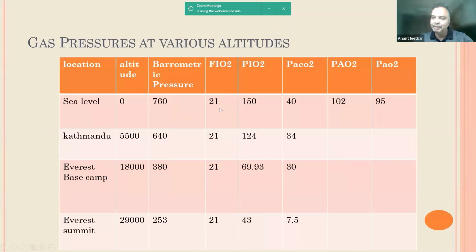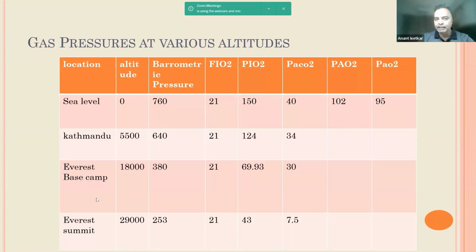Anybody can start calculating that, 0.21. PaCO2 is 40. Alveolar pressure of oxygen is 150 minus 48, that is 1.2 into PaCO2, which is going to be 102. So in routine cases, whenever we are breathing normal air, our alveolar PO2 is approximately 102.